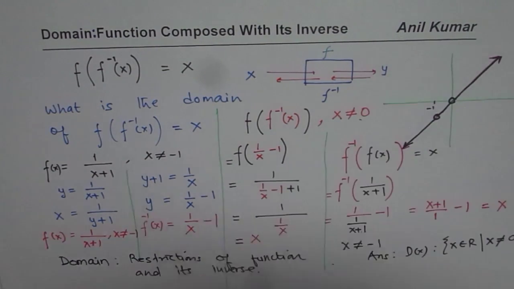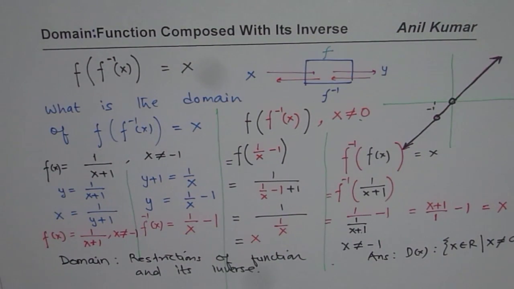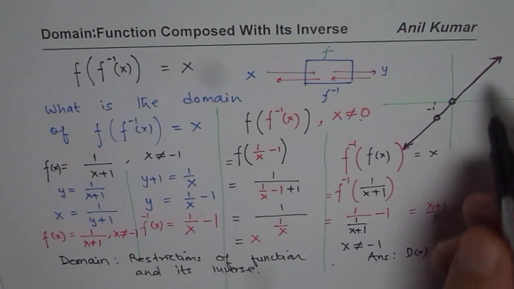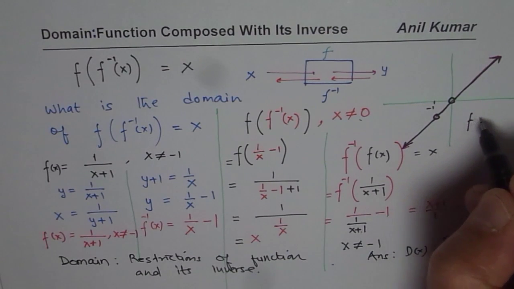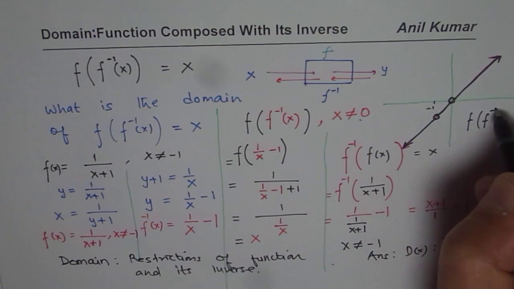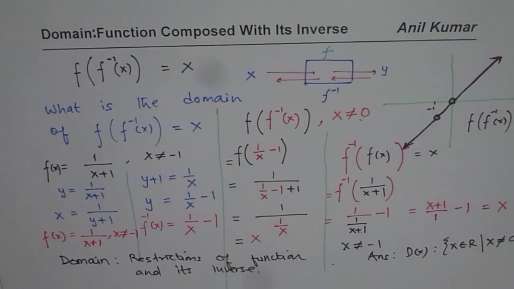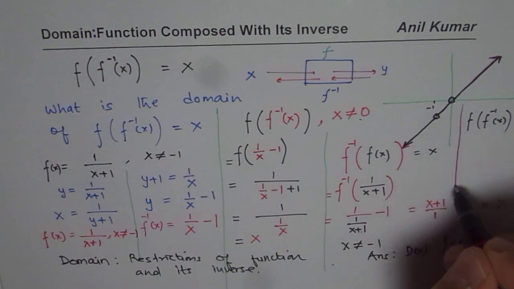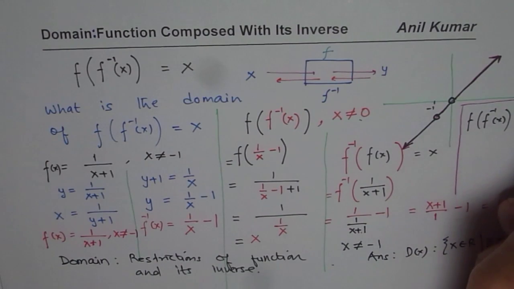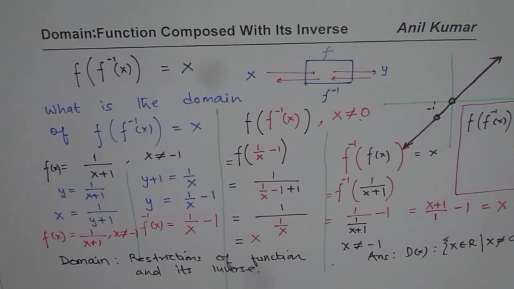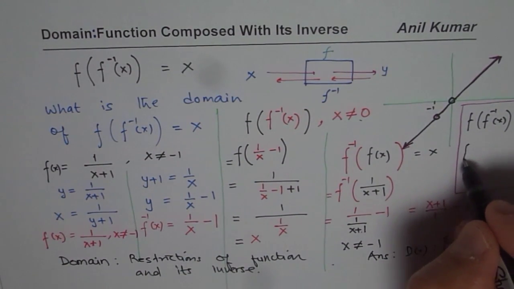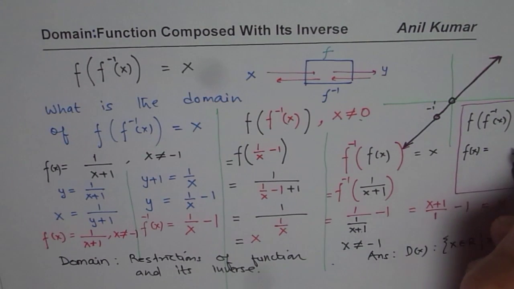So this now represents our function, our composite function, which has been formed with f of x equals to 1 over x. So this is for f of f inverse x, where, let me write down here in a block so that you understand what we are trying to do, where f of x is equal to 1 over x plus 1, right?